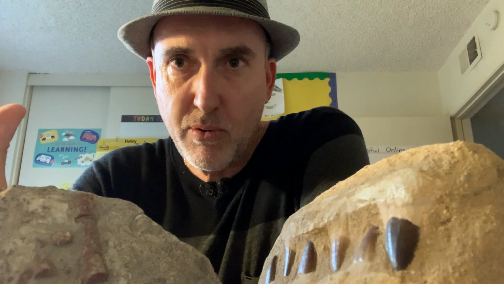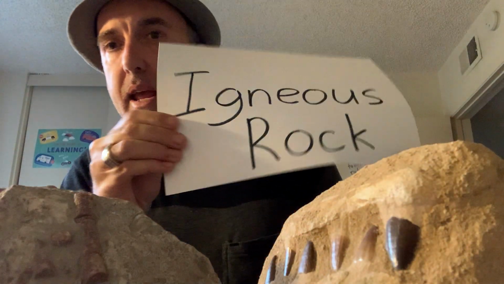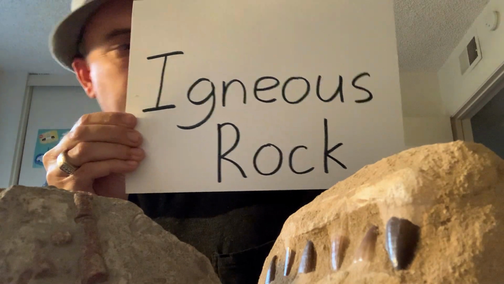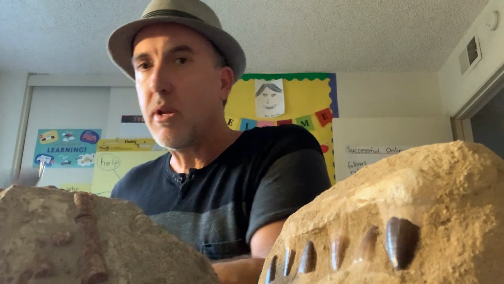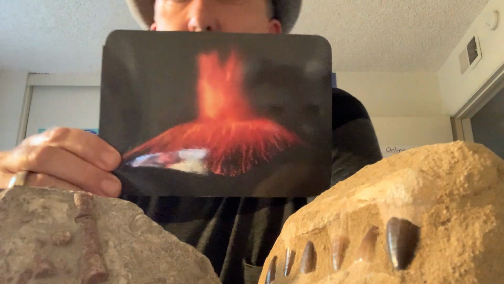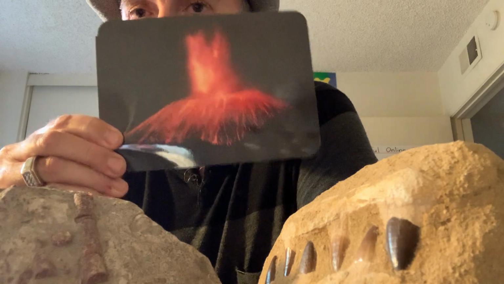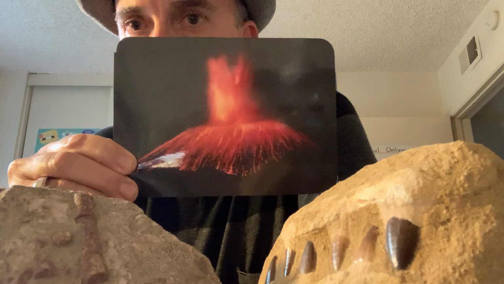All right, the first type of rock I want to talk about is igneous rock. Igneous rock, okay? Now, igneous rock comes from volcanic activity, from volcanic eruptions and or lava.